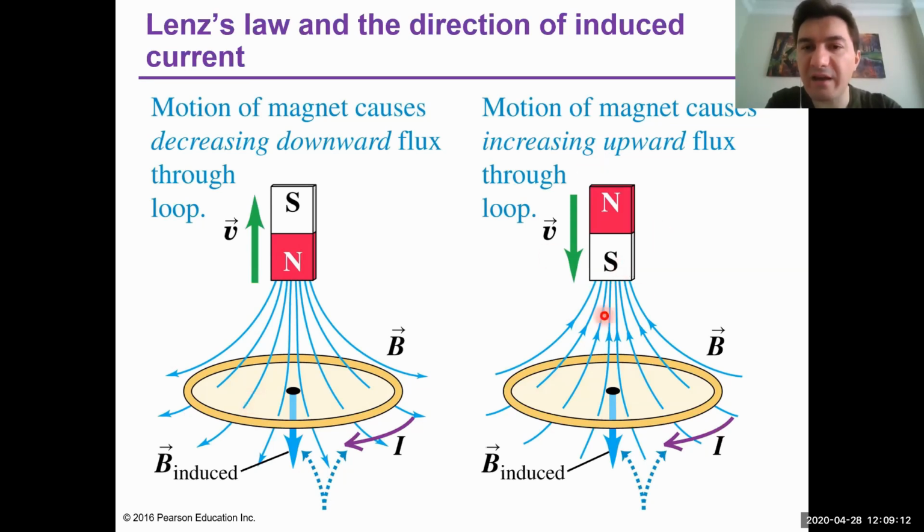Here we have again a permanent magnet. We have a magnetic field in that direction. So we have magnetic flux, okay, like this. If we move the permanent magnet in that direction, what will happen? The magnetic flux or magnetic field will be increased in the upward direction.